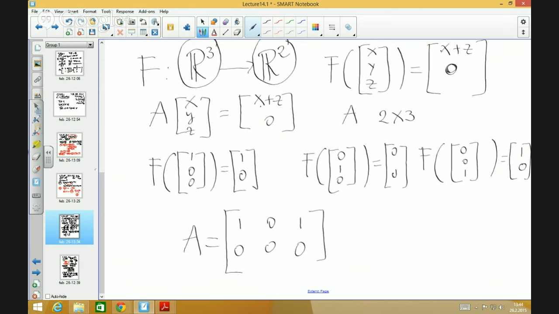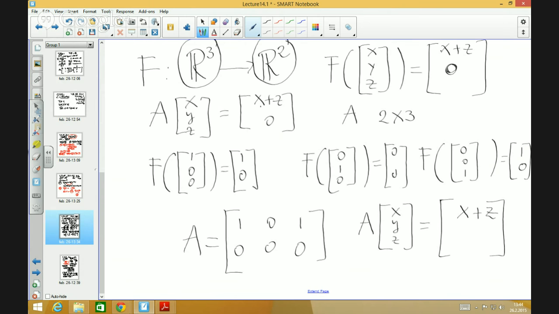Does this work? Well, let's multiply it by (x, y, z) and let's see what we get. Okay, x times 1 plus 0 times y plus 1 times z, x plus z.